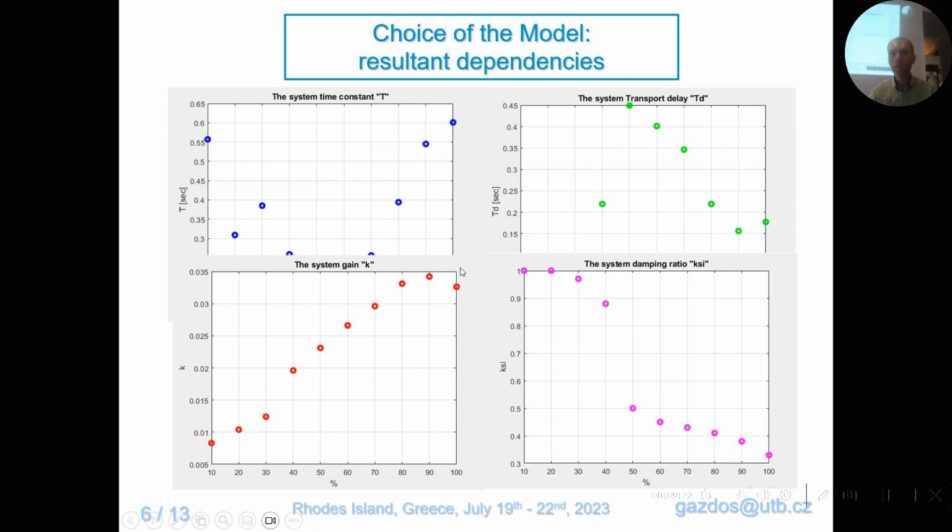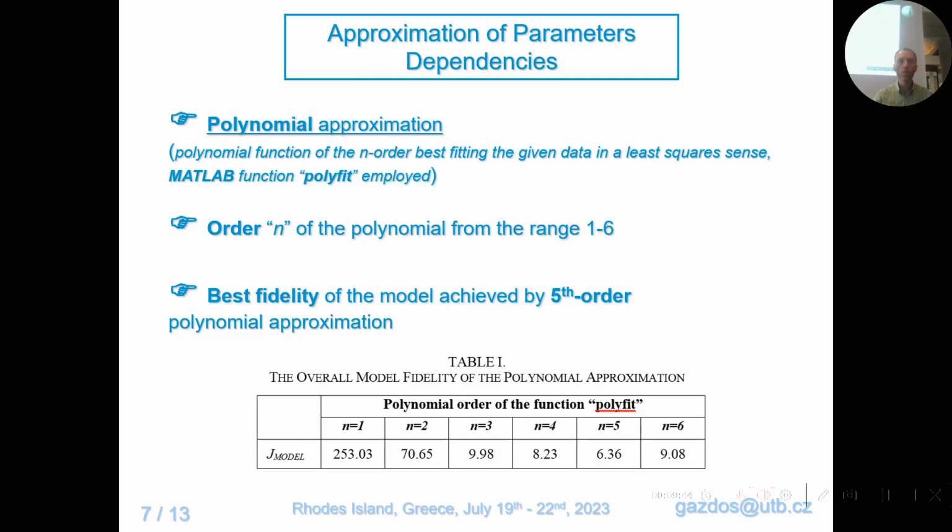Or, for example, the transport delay variation depending on the state of the valve is like this. So the next goal was to approximate these curves by some methods. We have chosen two approaches. One was simple polynomial approximation.